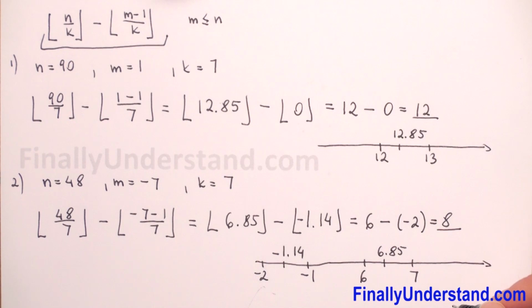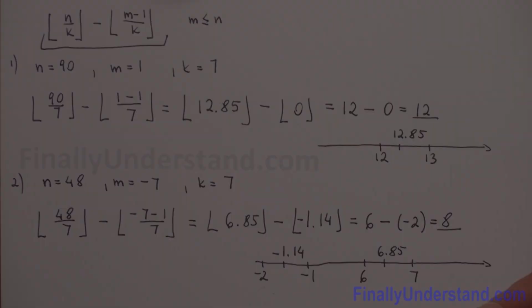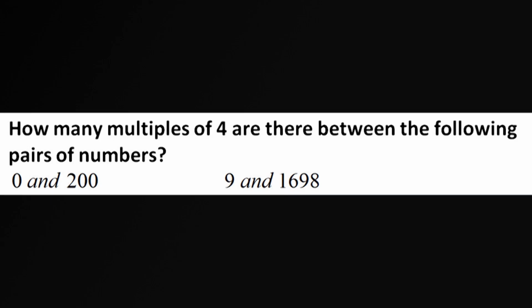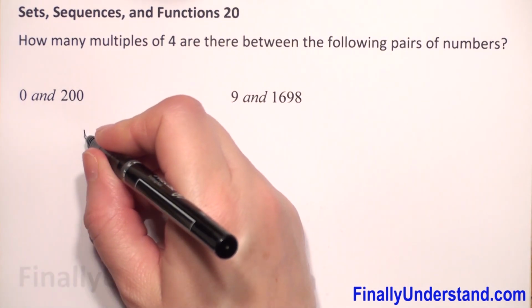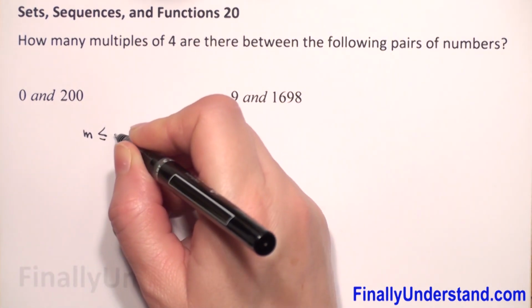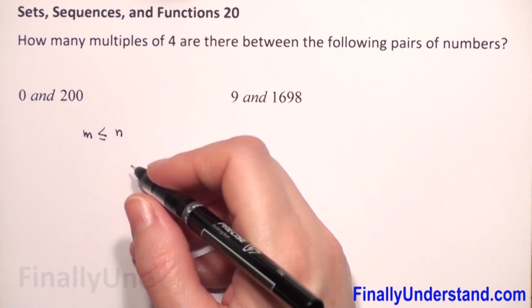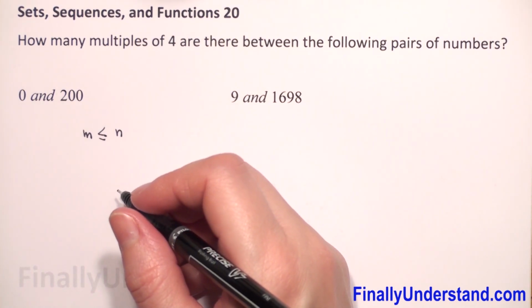This is my solution. We have to find how many multiples of 4 are between the following pairs of numbers. So we will use the formula when we have to find multiples of k between m and n, and m is less than or equal n, k is positive integer.